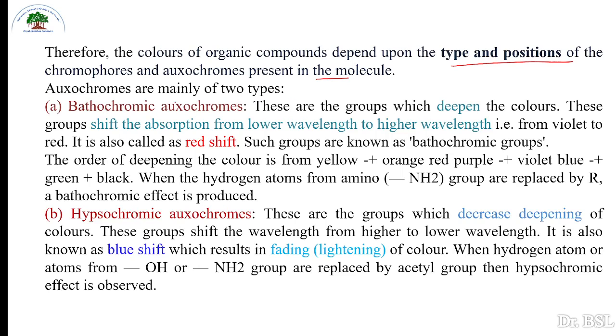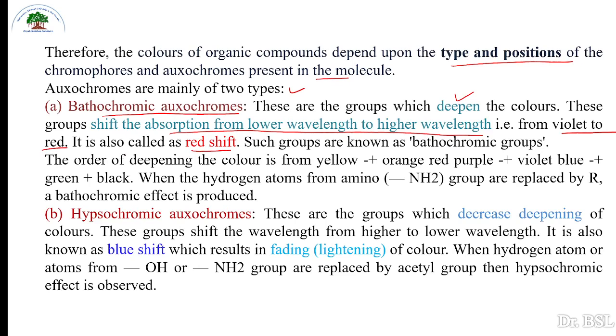Oxochromes are mainly of two types. Bathochromic oxochromes are the groups which deepen the color. These groups shift the absorption from lower wavelength to higher wavelength, that is from violet to red. It is also called red shift.